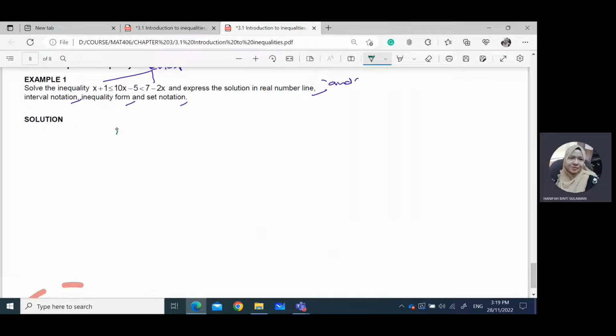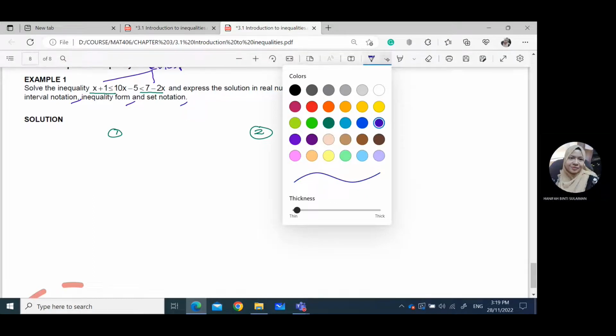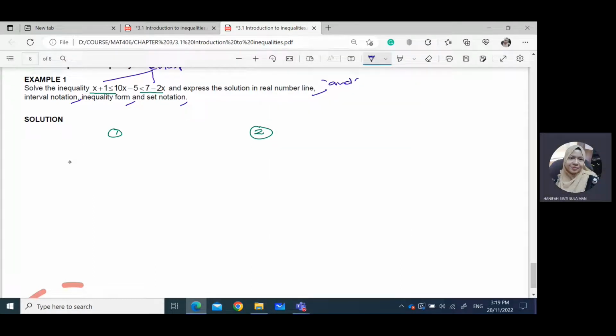The first section is the left hand side, and the second section is the right hand side. Okay, so kita selesaikan ini. X plus 1 is less than or equal to 10x minus 5. And 10x minus 5 is less than 7 minus 2x. Okay, so kita selesaikan.